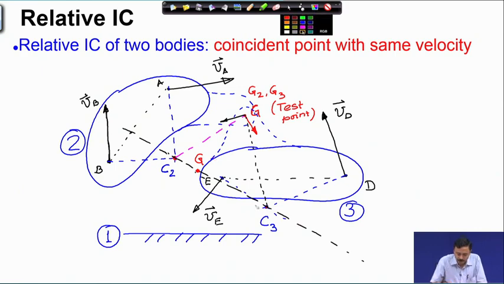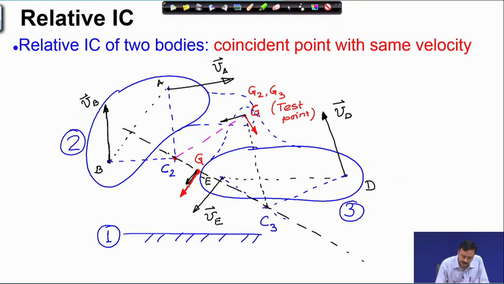So, the velocity of point G3 must be this, and velocity of point G2 must be perpendicular to C2G2, which is something like this, and velocity of point G3 must be perpendicular to C3G3.